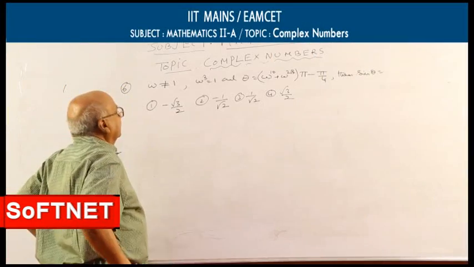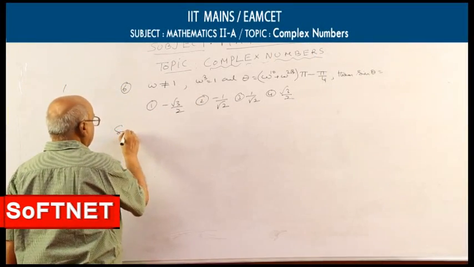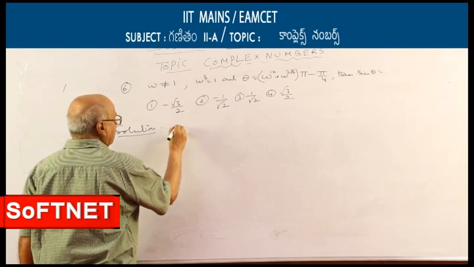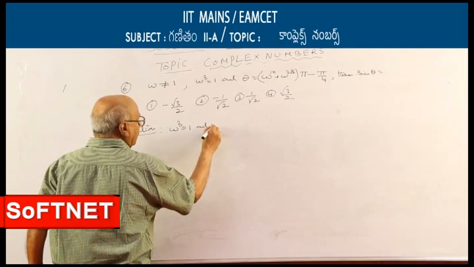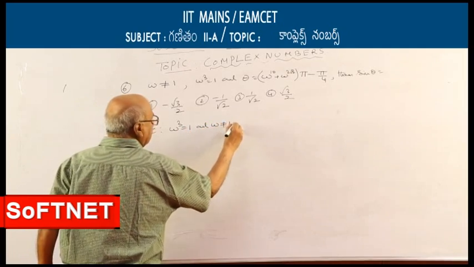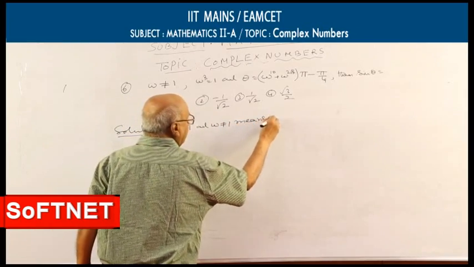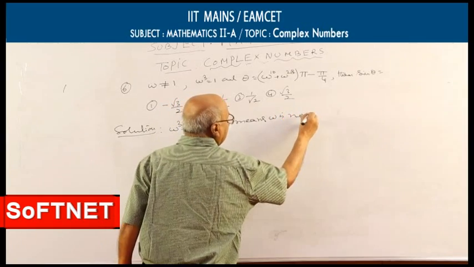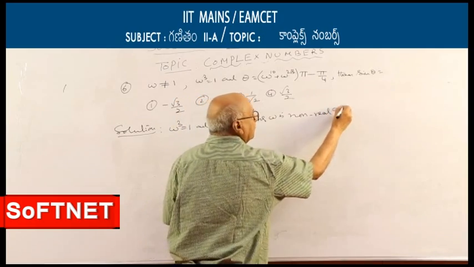And we know that omega cubed is equal to 1 and omega not equal to 1 means omega is a non-real cube root of unity.